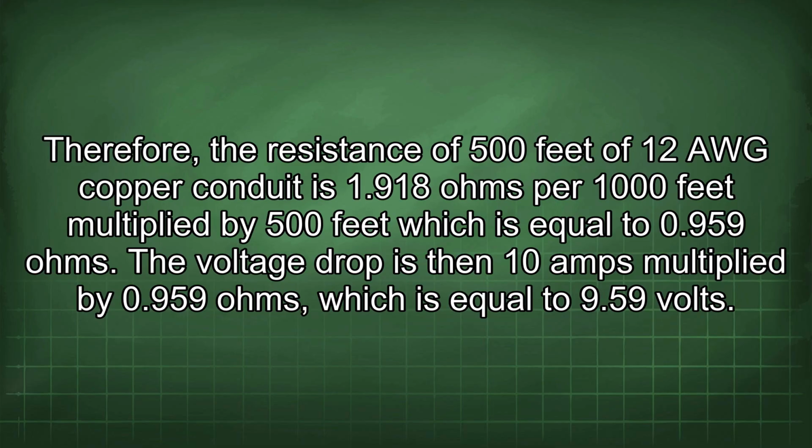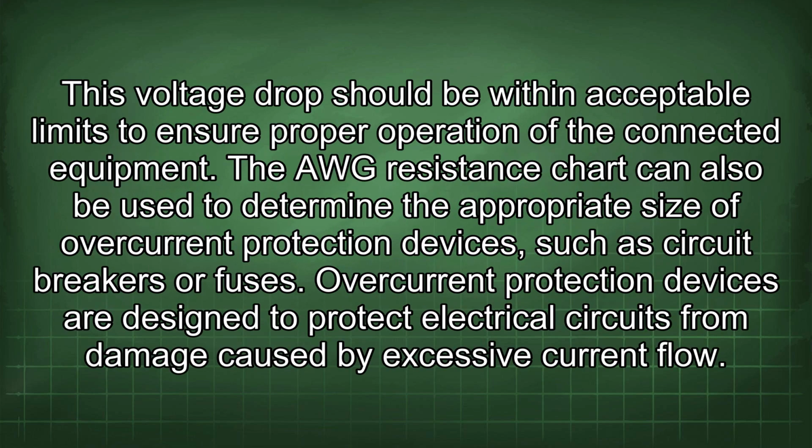Therefore, the resistance of 500 feet of 12 AWG copper conduit is 1.918 ohms per 1,000 feet multiplied by 500 feet, which is equal to 0.959 ohms. The voltage drop is then 10 amps multiplied by 0.959 ohms, which is equal to 9.59 volts. This voltage drop should be within acceptable limits to ensure proper operation of the connected equipment.